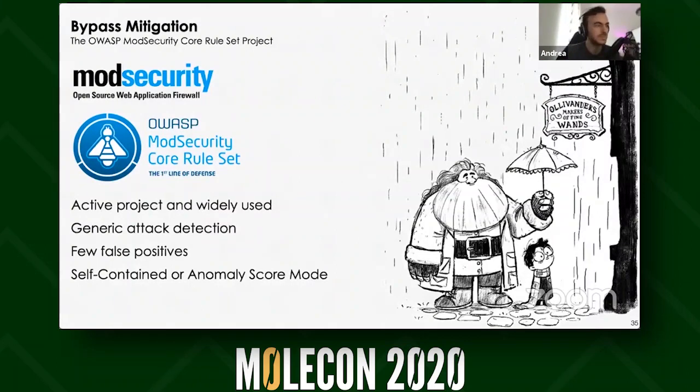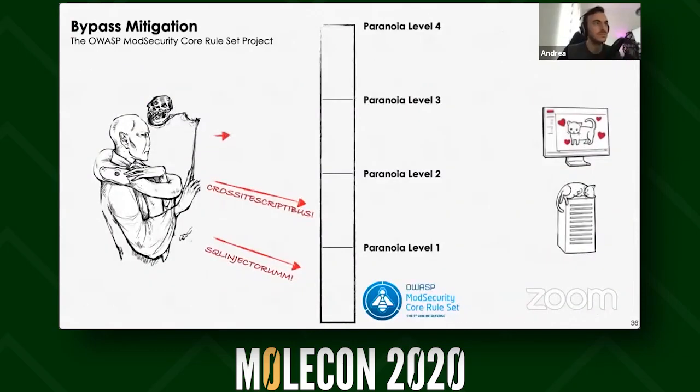And the OWASP core rule set has 4 different paranoia levels. And I think one of the main functionalities of the OWASP core rule set for me is that you can configure your whole application or some area of your application using 4 different paranoia levels. Basically, each level adds stricter rules.